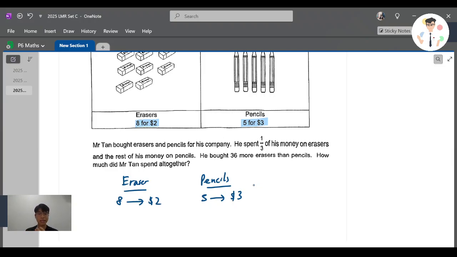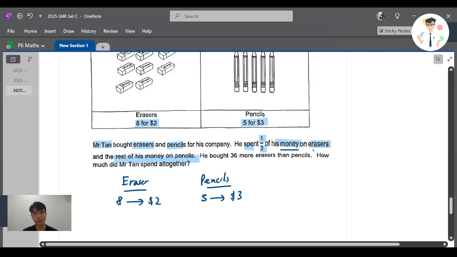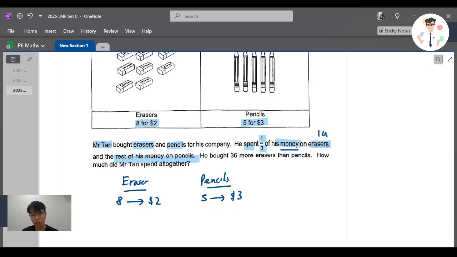But this question is slightly different, saying that this person bought eraser and pencil for his company. But again, this is the main part here. He spent 1 out of 3 of his money on eraser and the rest of his money on pencil. Look at here, 1 out of 3 of his money on eraser means that eraser will be 1 unit.